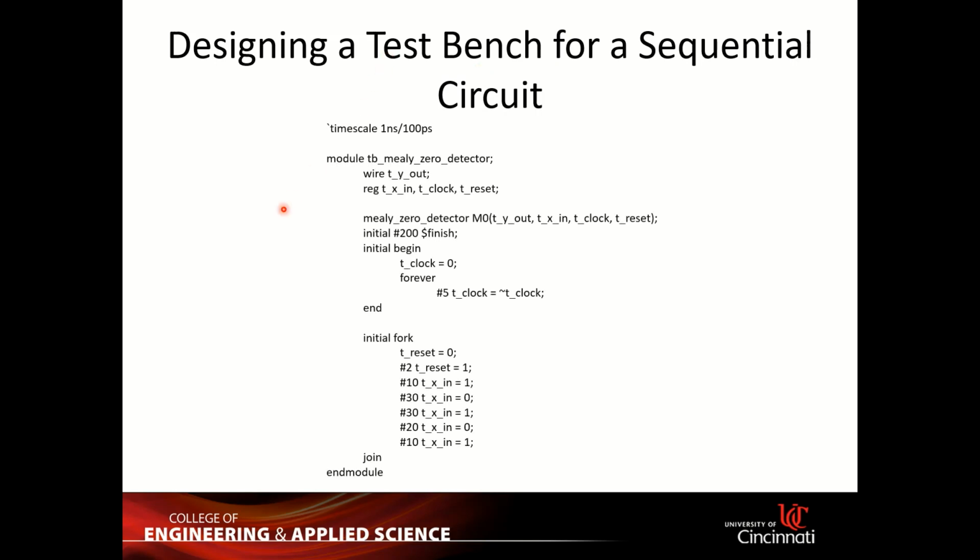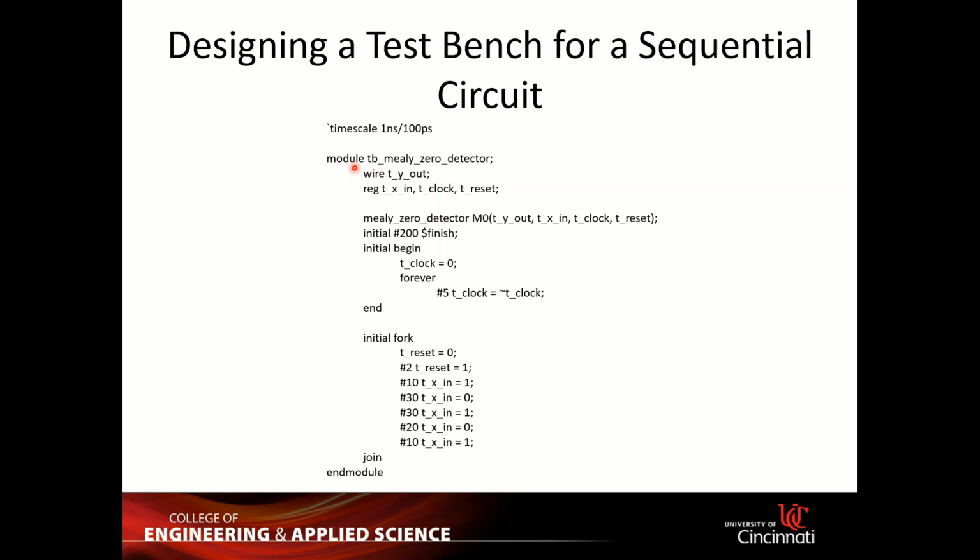Okay, so the test bench for a sequential circuit is quite simple. Remember, when you design a test bench, the easy trick is to label the whole test bench module exactly the same as your design module, but put the word TB either at the beginning or at the end so that you can tell.